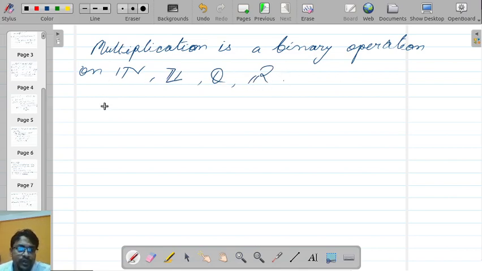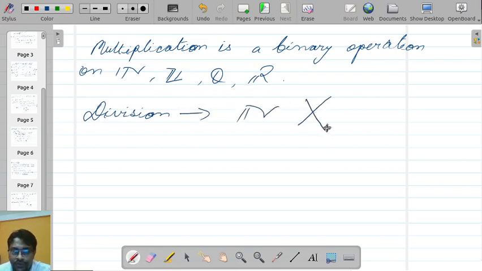What about division? Is division a binary operation on N? No, it is not a binary operation. Why? Because 1 divided by 2 is not a natural number.